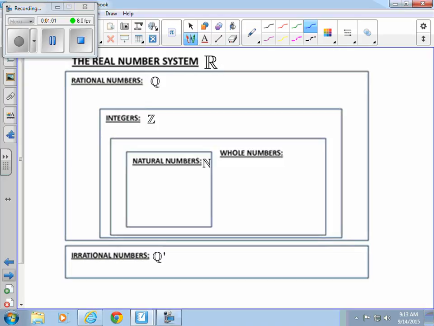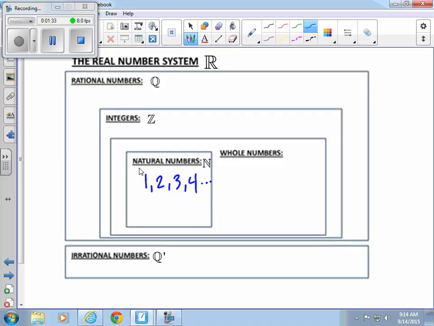So the first thing that we're going to look at is natural numbers. They're called that because they come naturally. My son is 3, and he says 1, 2, 3, right? That's what he does naturally because he counts things. Those are called the natural numbers, all the way up to a million, infinity, right?